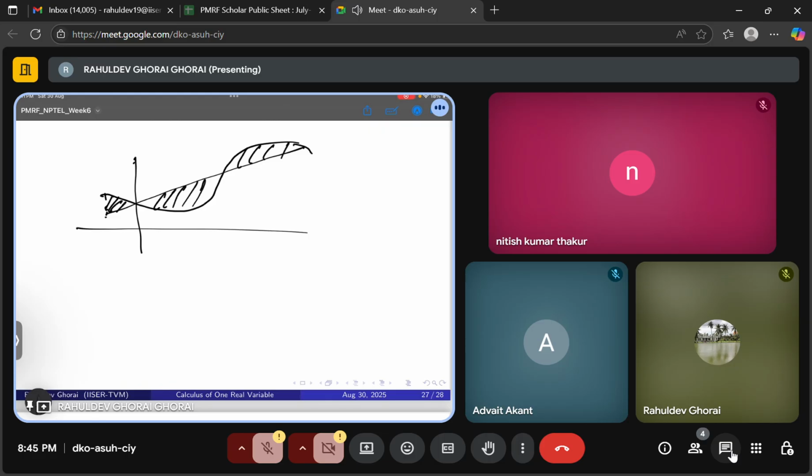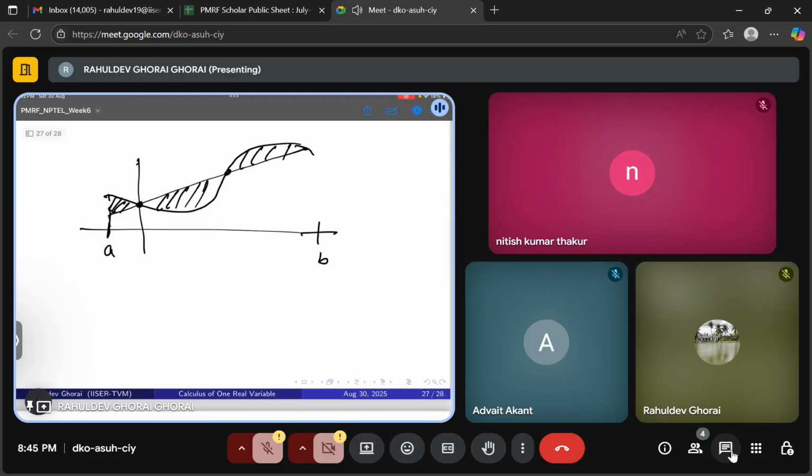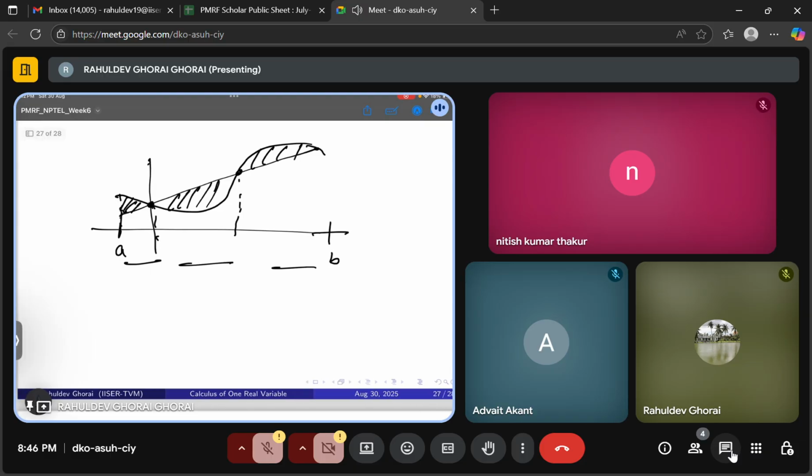You need to know these three points of intersection, and let's say a to b is given, but you need to find the intersection points here, and then integrate between them by separating these three regions, and you add them. Mostly you need to do it separately so that the area doesn't become negative or something.